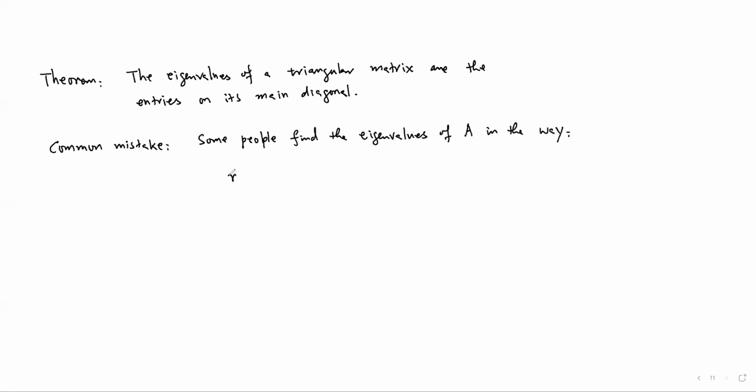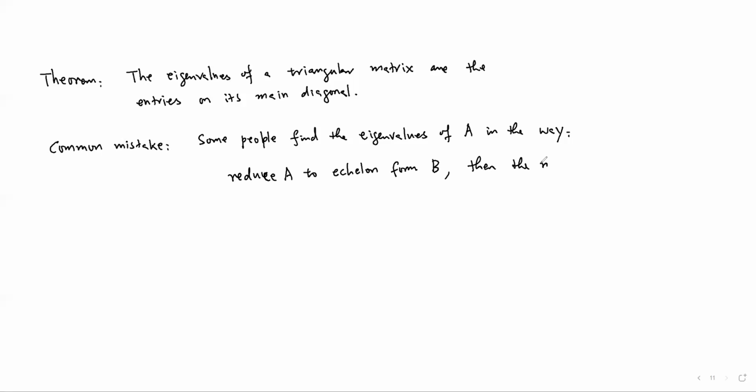How? Reduce A to echelon form. Let me give a name to the echelon form, say B. Echelon form is a triangular matrix. Then they claim that the diagonal entries of the echelon form are the eigenvalues of the original A, but that is wrong.